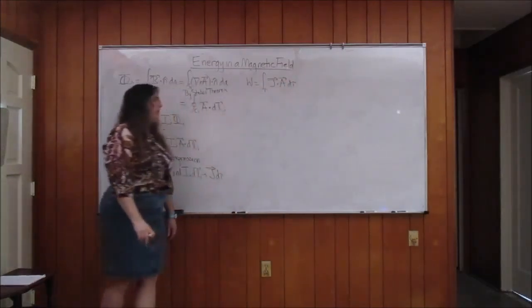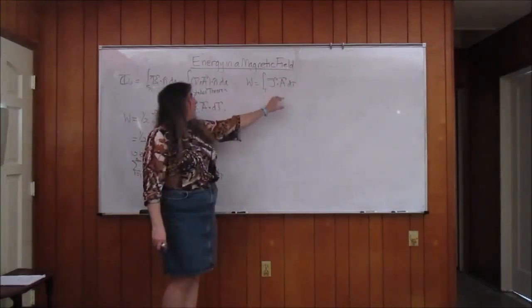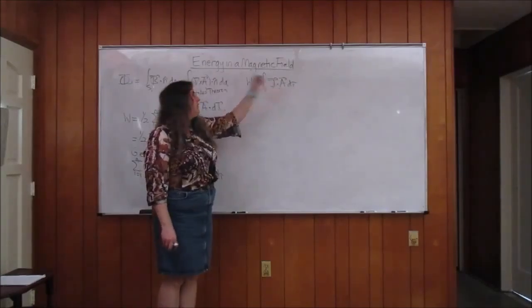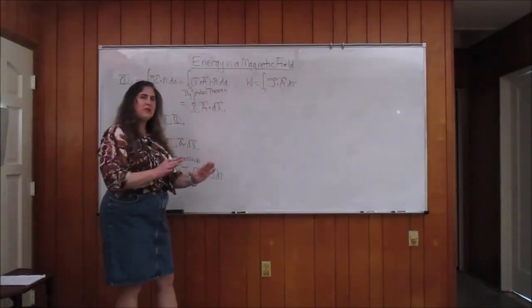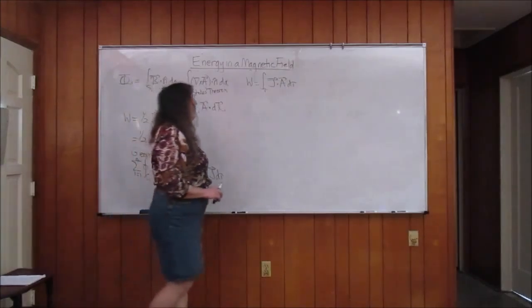In this case, the amount of energy stored then becomes the volume integral over the volume current density dotted into the vector potential.